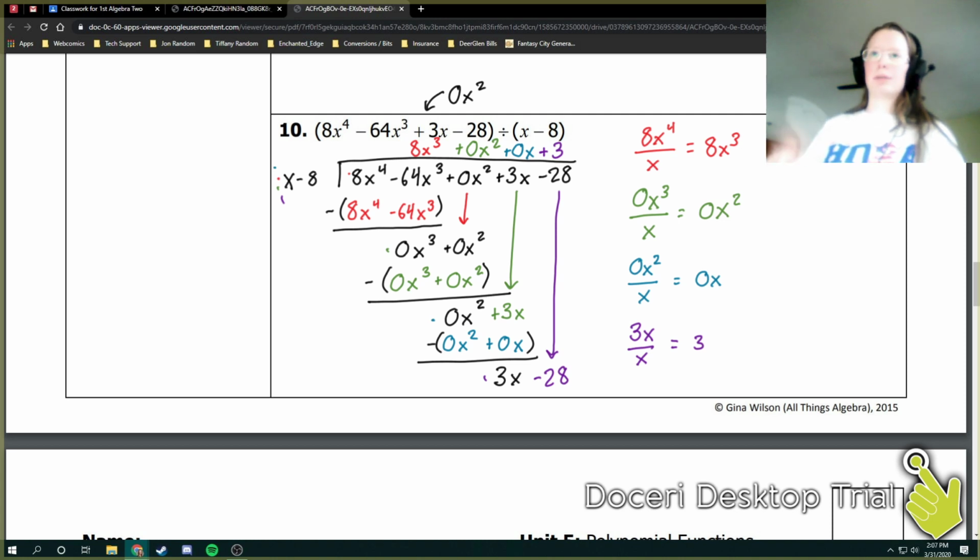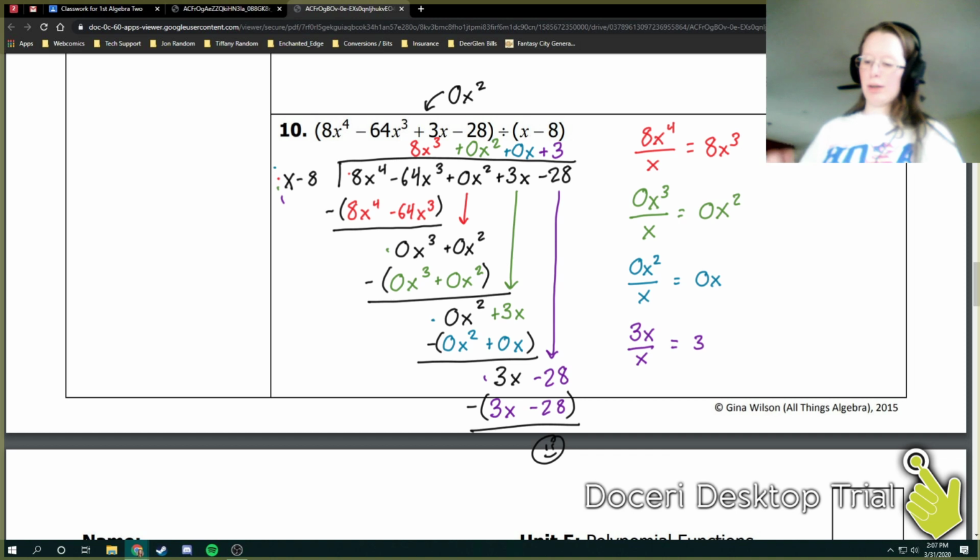Then I'm going to multiply that through to get 3x and get a negative 28. Then I'm going to subtract it all off. And we do that for this problem. It changes the sign on the second negative 28, making it 0.